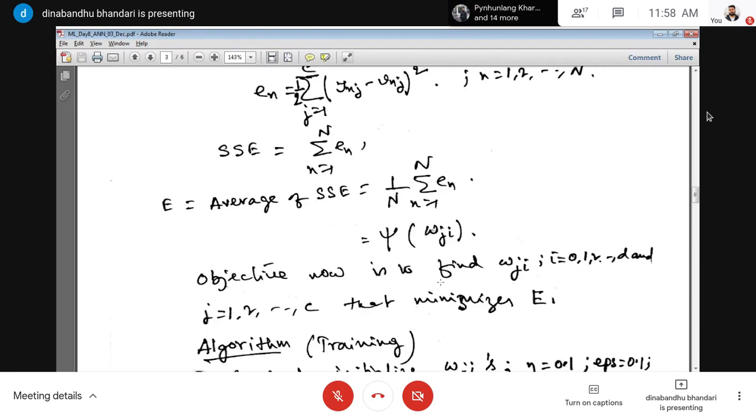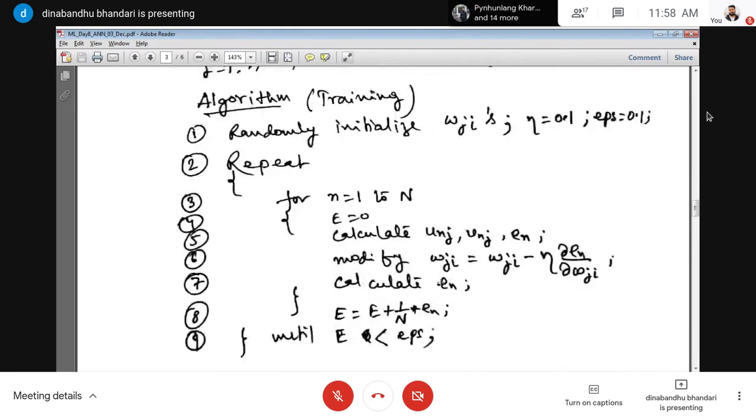Sometimes in some problems, we do not use all the training samples to modify the weight in each iteration. Suppose you have, say, 1 million data points to train. You run this maybe 1,000 iterations, and in each iteration, instead of considering all the points, you just use a subset of them.